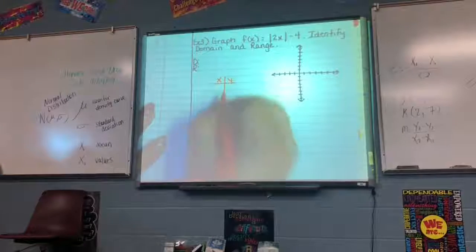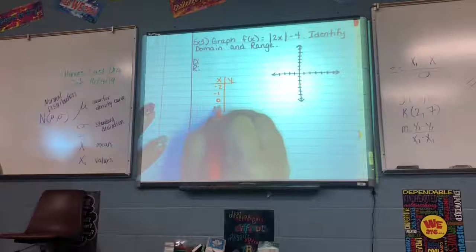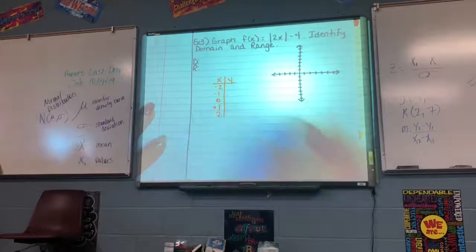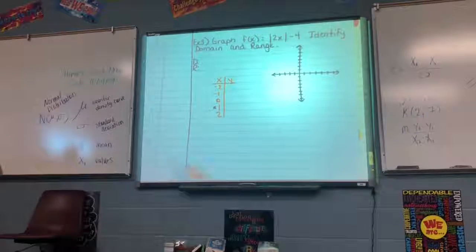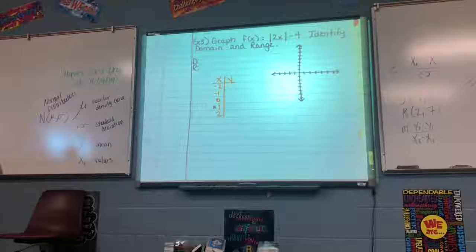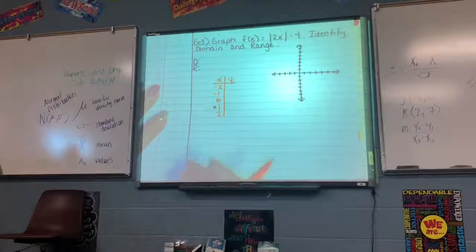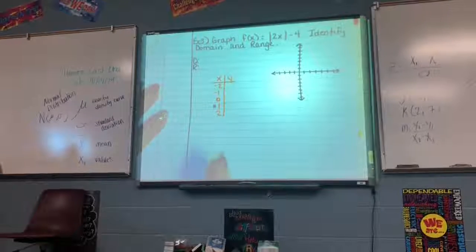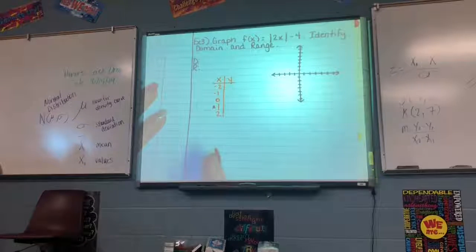I always like to start with something like this because if I start with these values and I don't get what I need, I can always add to the other ends fairly easily, or whatever end I need to add to. Is everybody with me? With absolute value, it works like quadratic. I'm looking for a pattern. Okay? I'm looking for a pattern.